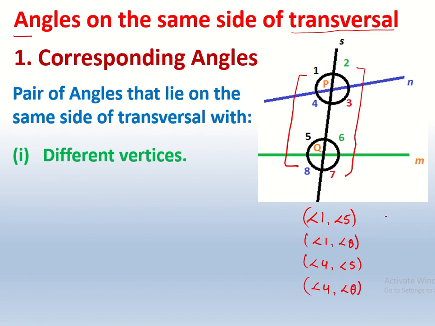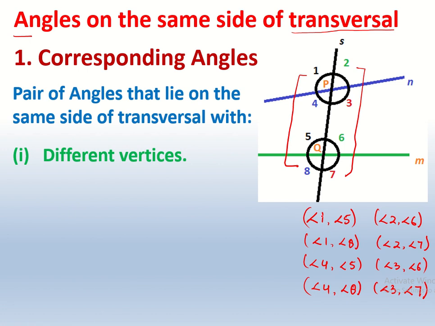Similarly, on the right side, it can be the pair of angle 2, angle 6, angle 2, angle 7, angle 3, angle 6, angle 3, angle 7. Because we said it is the pairs of angles that lie on the same side.